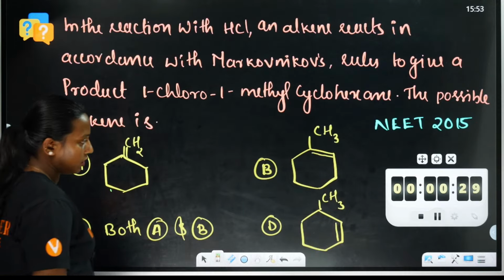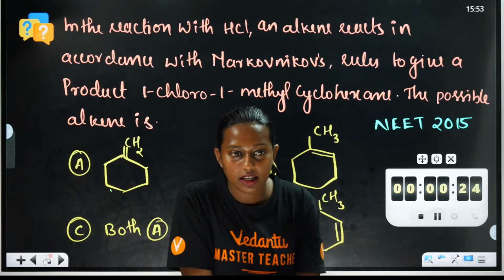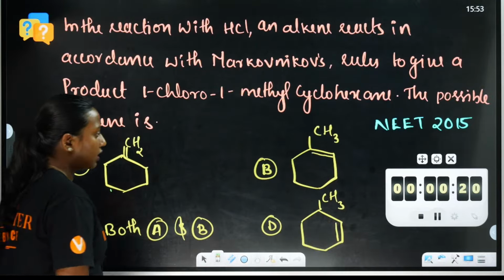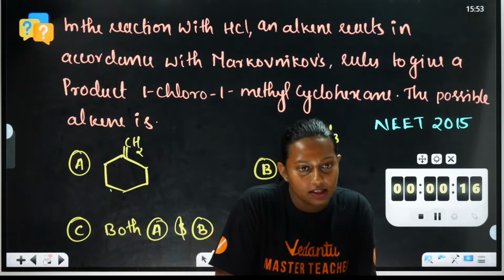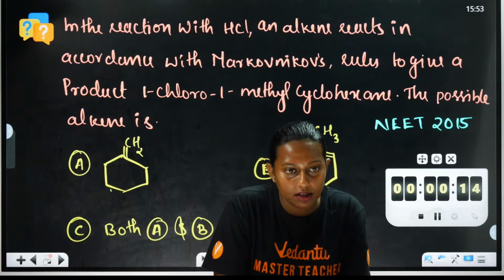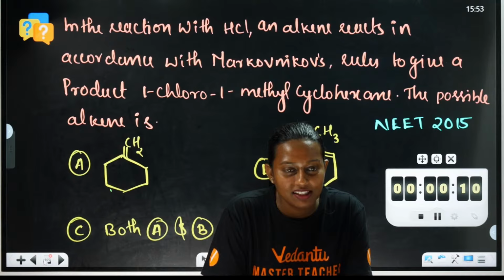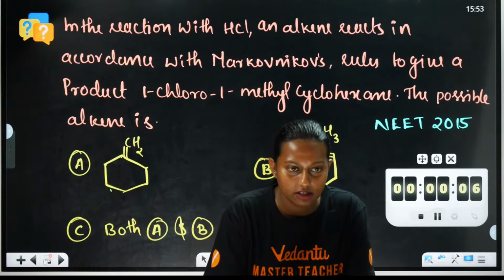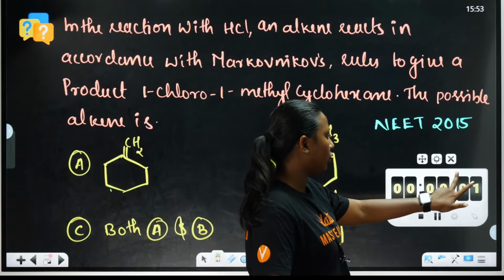Yes, Achya is saying C. 10 seconds. Pramika is saying A. No ma'am, it's A. Pramika is saying A and Achya said C. Time up. 2 seconds more.